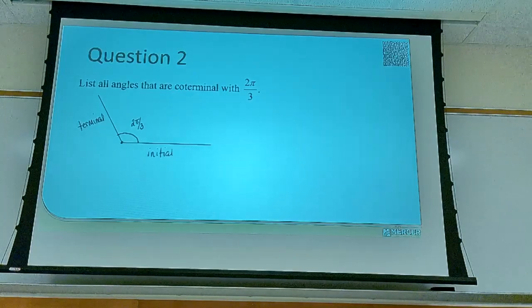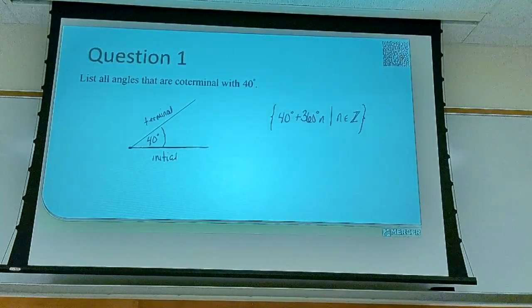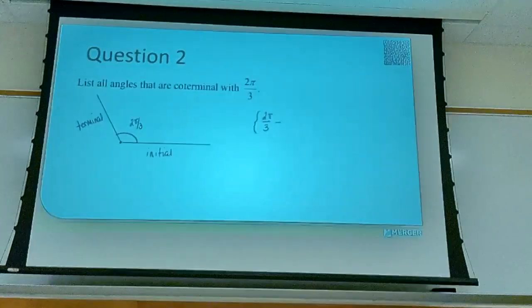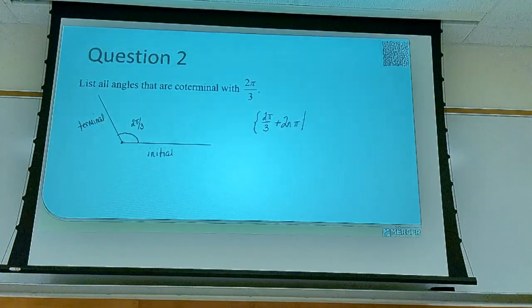And again, it's the same argument as before, except now we're in radians instead of degrees. So coterminal angles to 2 pi over 3 would have the form 2 pi over 3 plus a multiple of 2 pi. Two n pi? Yeah, n is any integer.